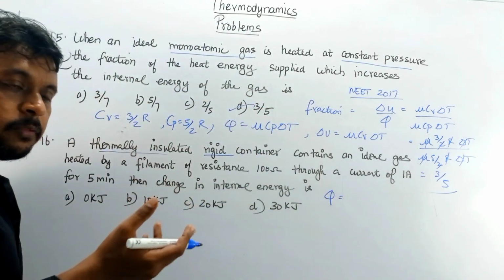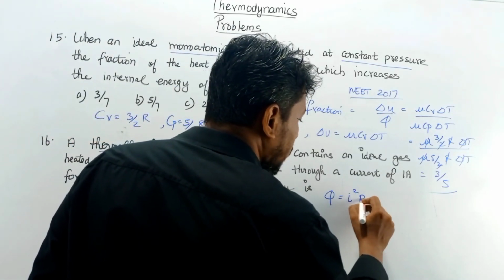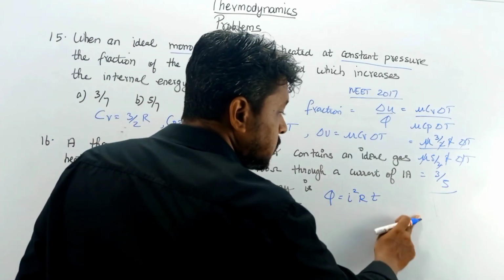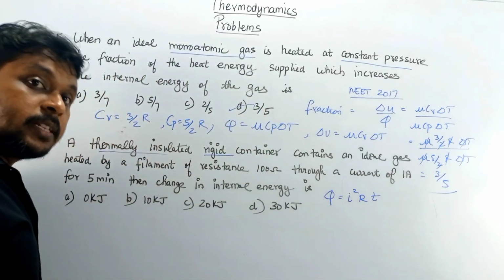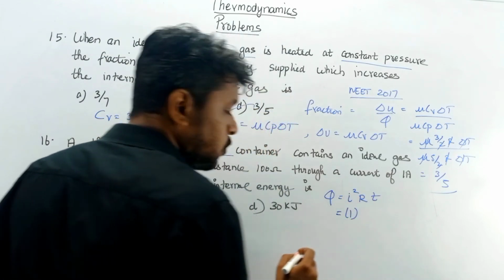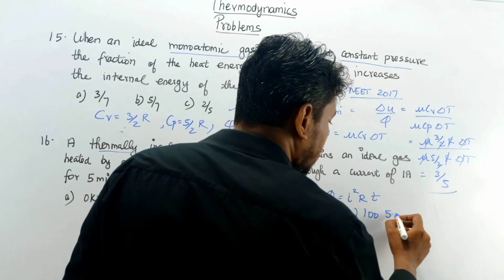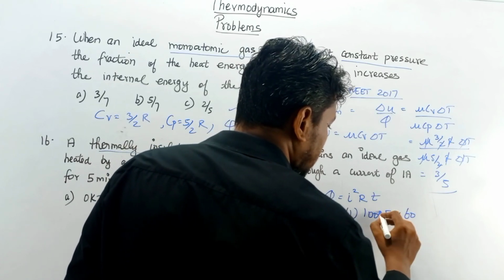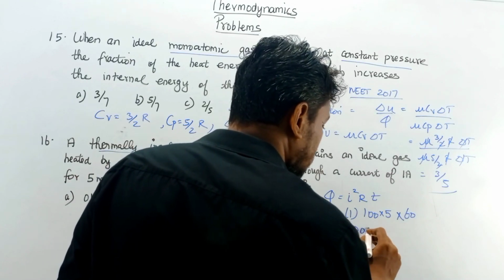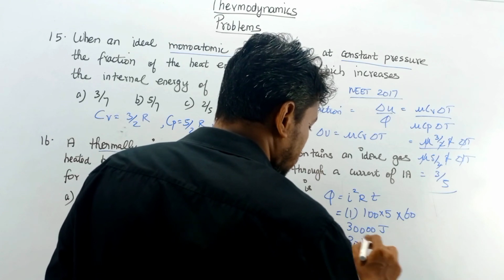So the value of heat with respect to this electrical energy is given by I square R T. So I represents the current, R represents the resistance, and T represents the time in seconds. So here, the value of current is 1 amp, R is given as 100 ohms, and time is given as 5 minutes, convert into seconds. Okay. So this will be 30 kilojoules.